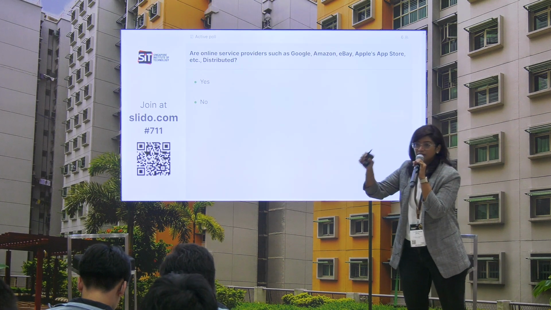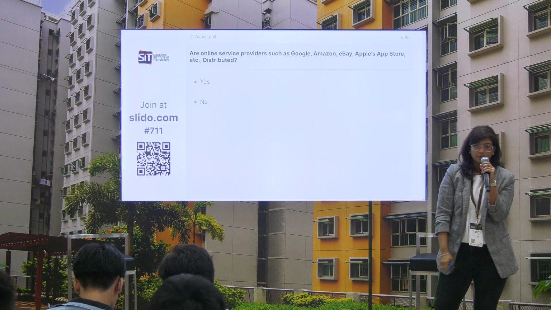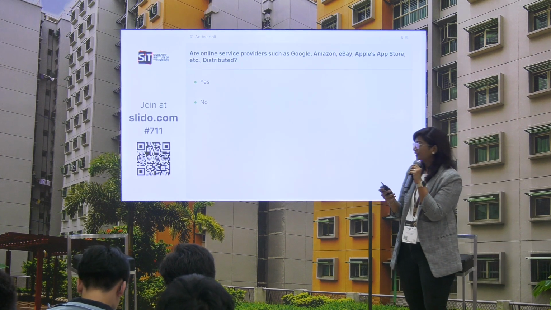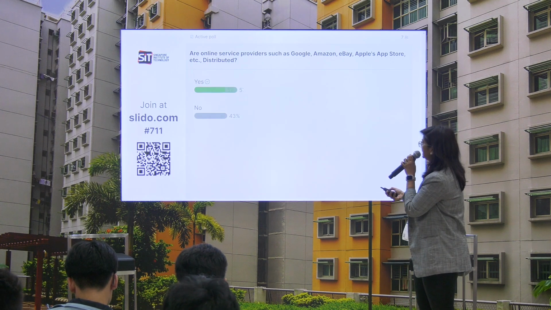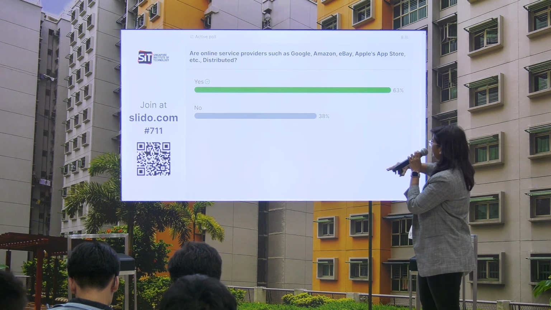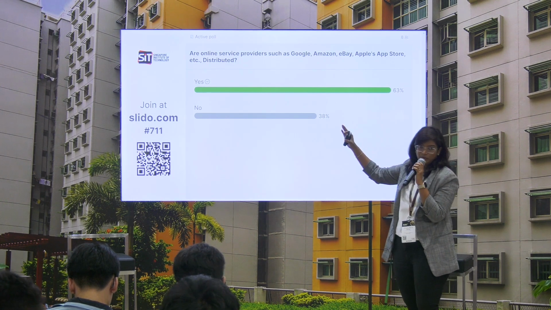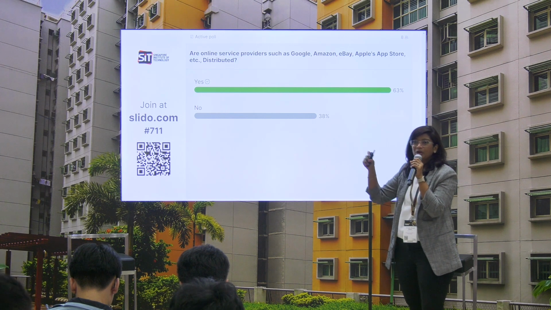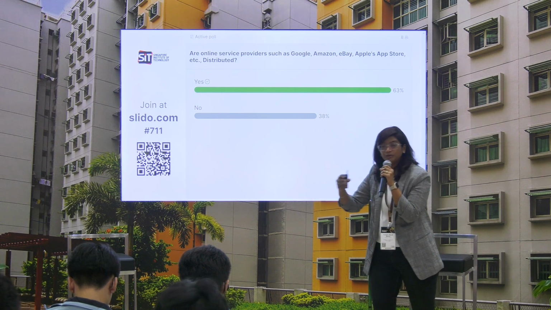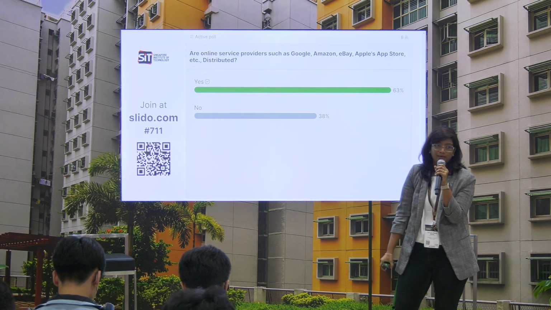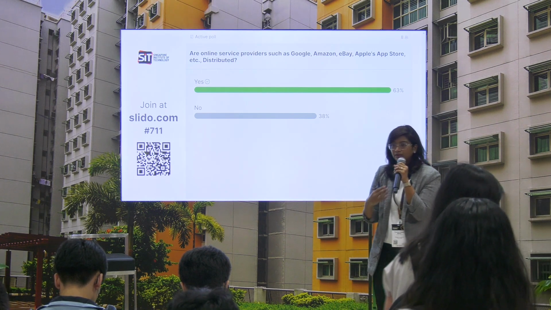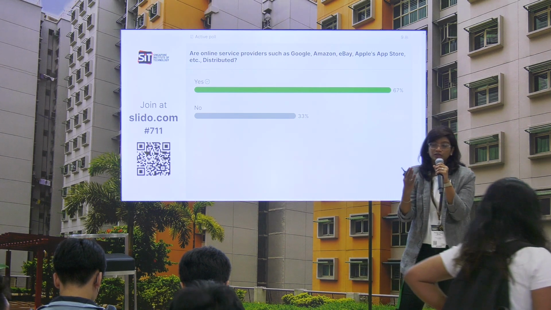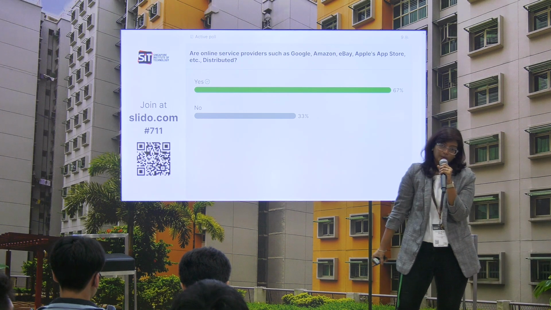So for example, server 1 goes down. Do I have another server 2? Okay, we'll see, there are 6 responses. Let's see. The majority is yes, which is right. Because if server 1 goes down, and you're trying to access your Gmail, for example, server 1 is down because of some power failure, then your email is accessed through another server B, a backup server, right?